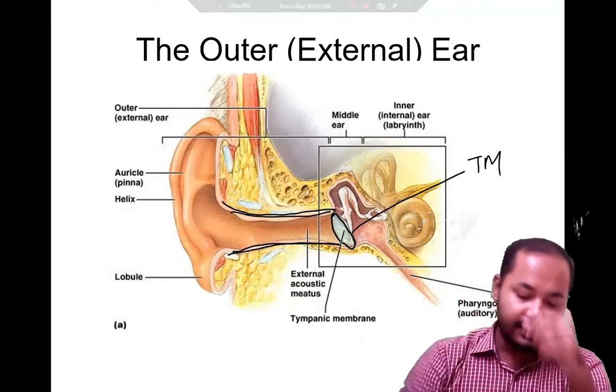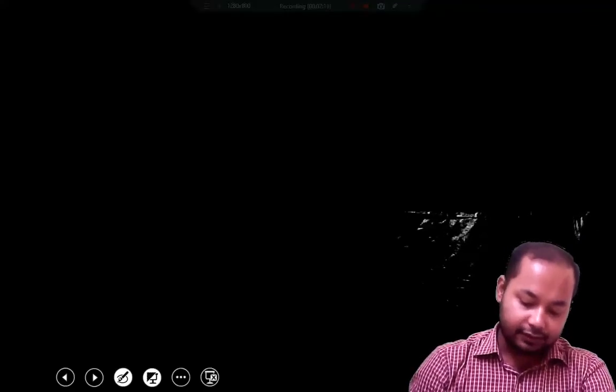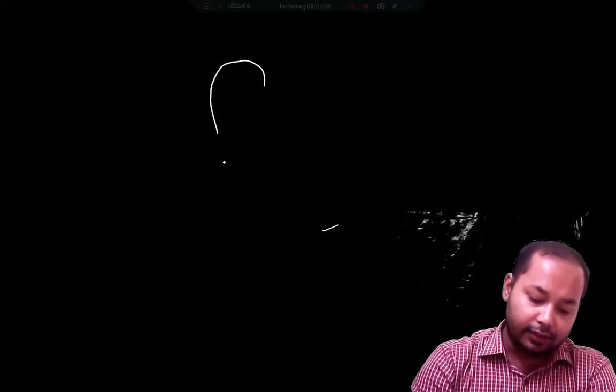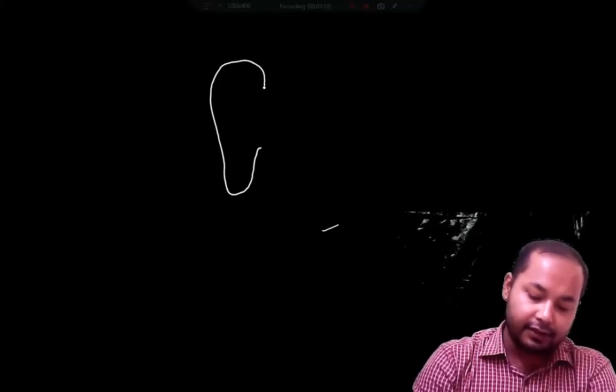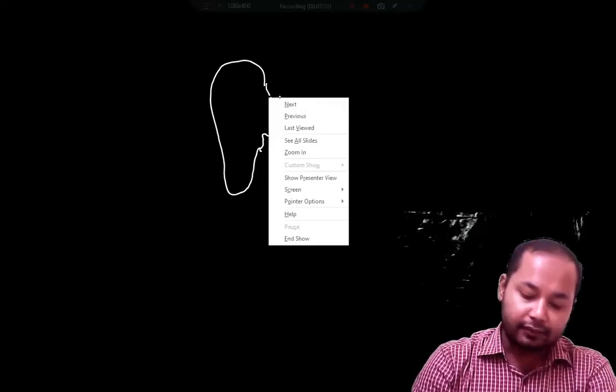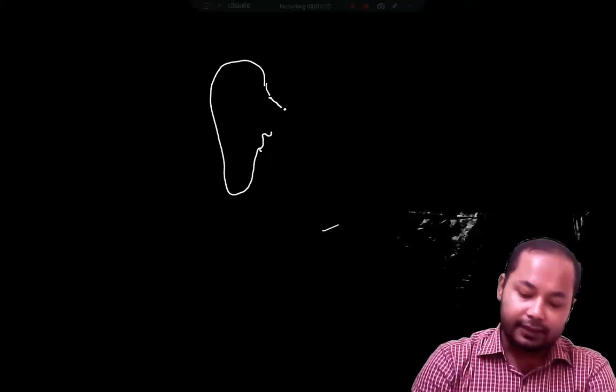So what is the schema of the tunnel? From the pinna, I will see that the canal is advancing from the external aspect anteriorly, forwards and upwards.